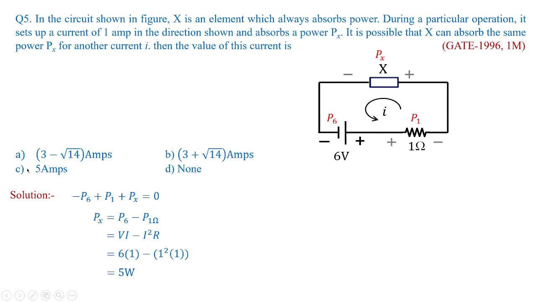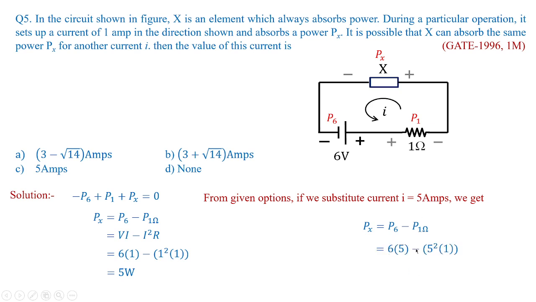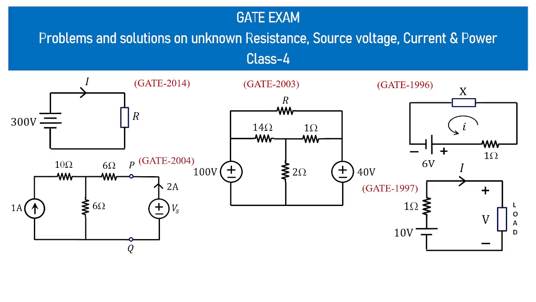So let us go with option C. From the given option, if we substitute current I equal to 5 amperes, according to this equation, Px is equal to P6 minus P1. Now instead of 1 ampere, I'll substitute the value as 5 amperes. So 6 into 5 minus 5 square into 1 will give you the value as 5 watts. Hence, the answer for this particular problem is 5 amperes.